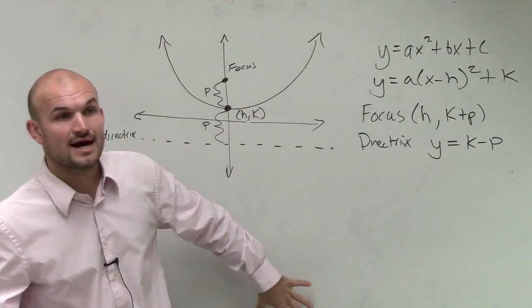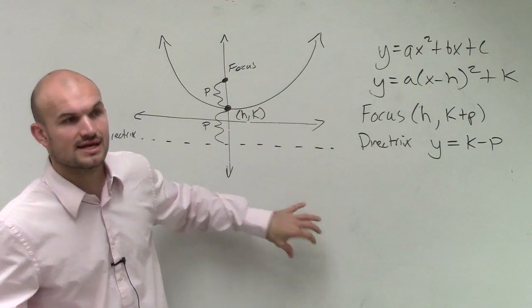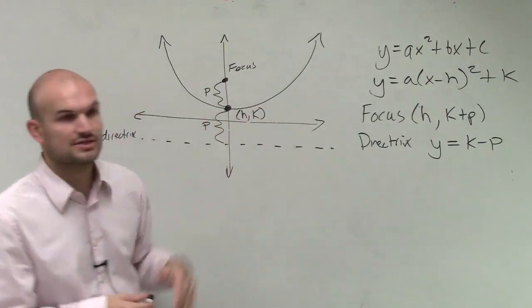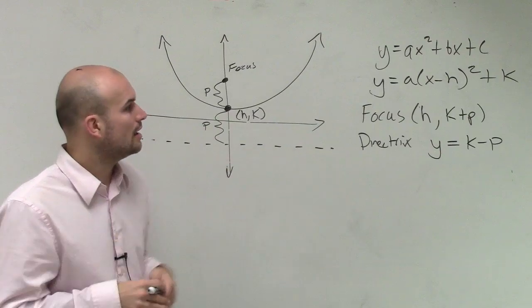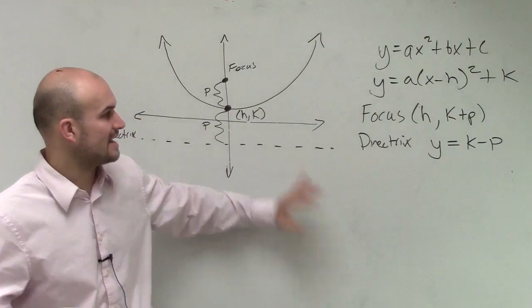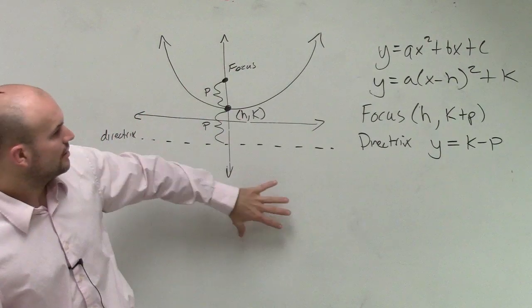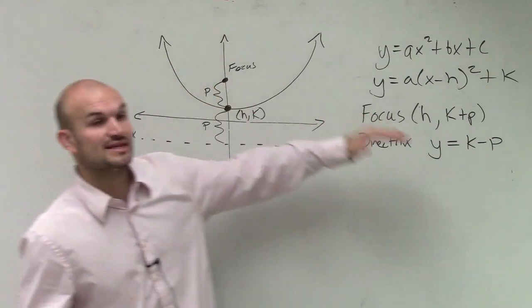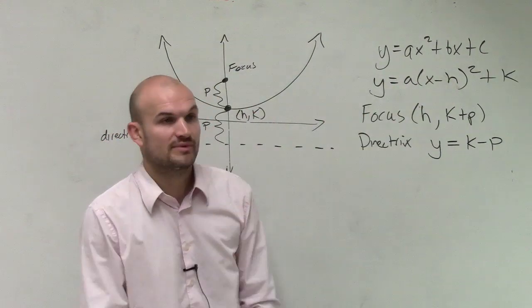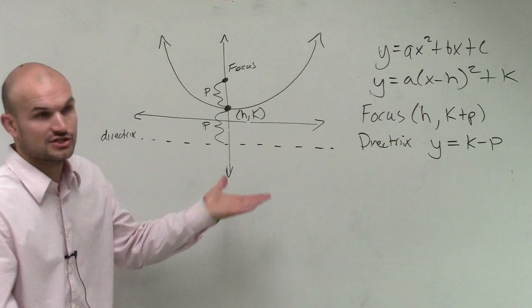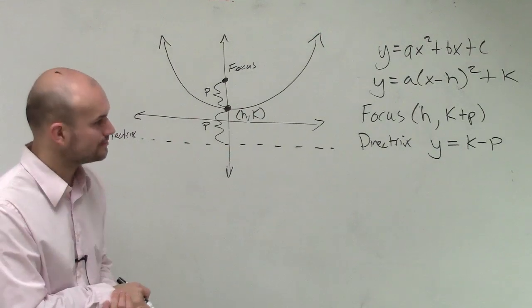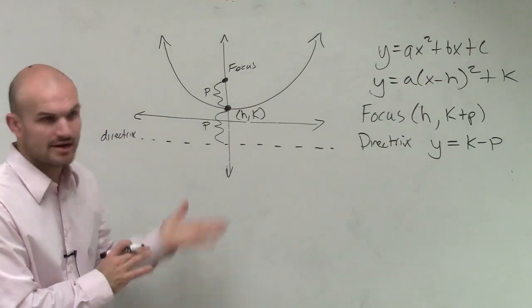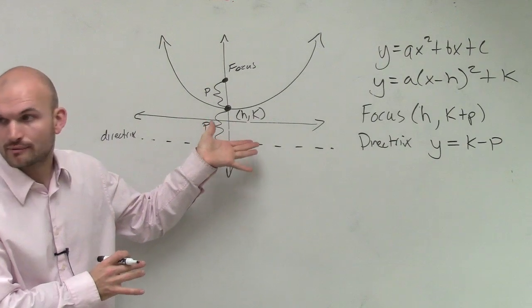If this was reflected down, then you'd have a focus down below and a directrix up top. Then your directrix would be k plus p, and your focus would be k minus p. But this is just a vertical one opening up. Does everybody follow me with this?